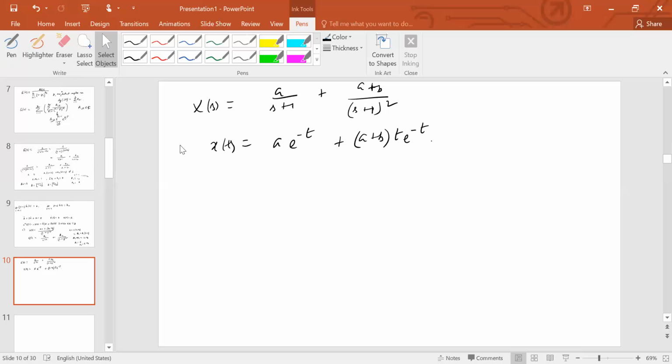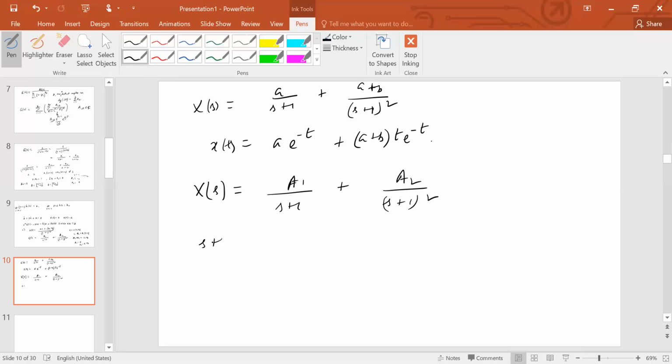You can immediately notice that nothing prevents you from taking X(s) of the form A1 by (s plus 1) plus A2 by (s plus 1) whole squared.